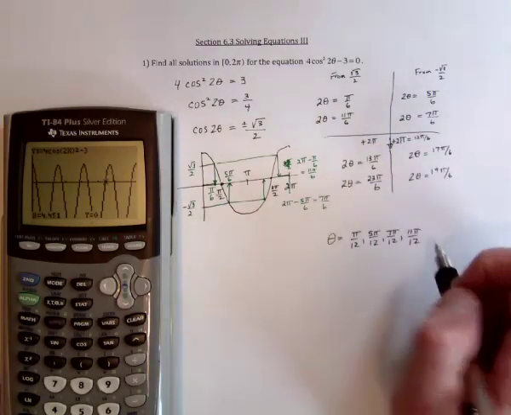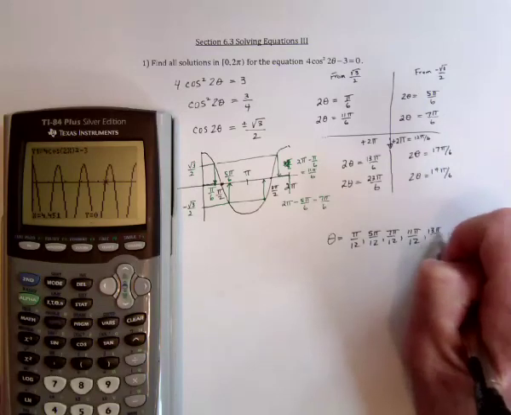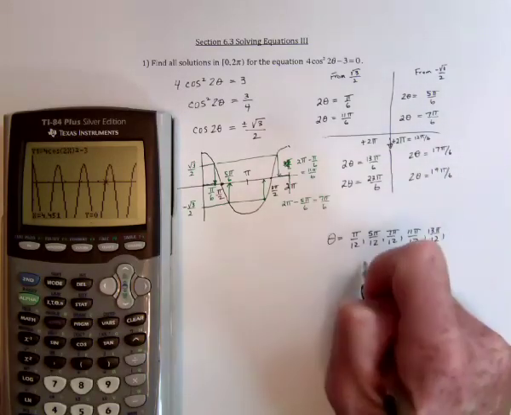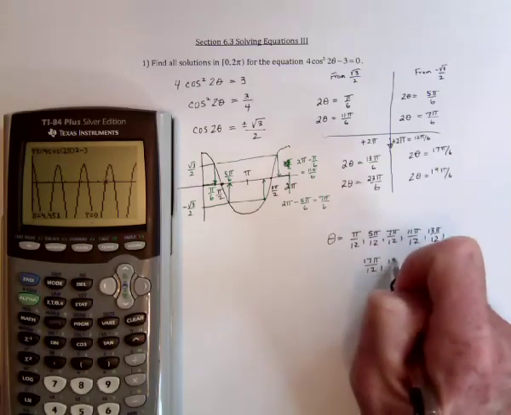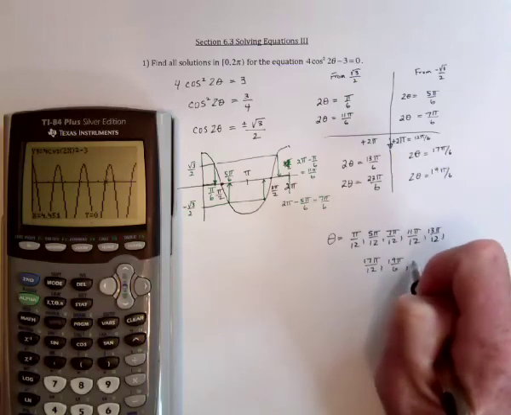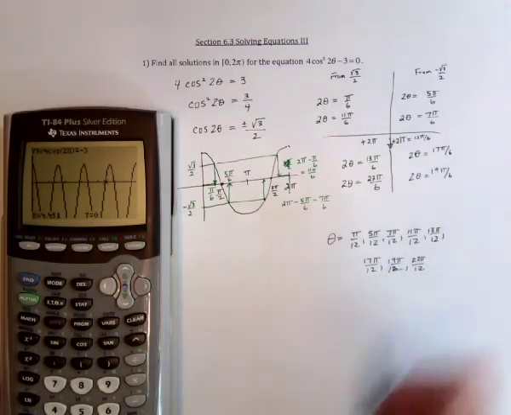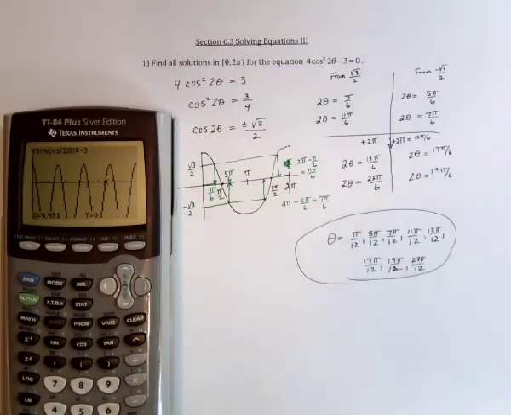That's those first original 4. And then these guys: 13 pi divided by 12, 17 pi divided by 12, 19 pi divided by 12, and 23 pi divided by 12. Wow. 8 times the fun.